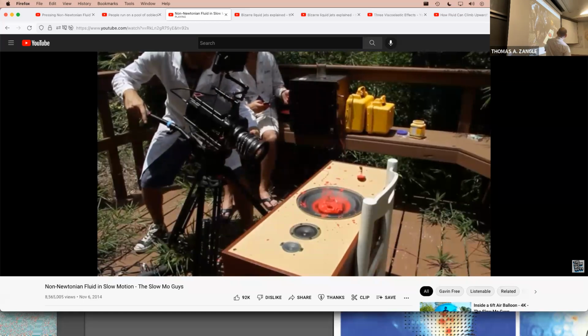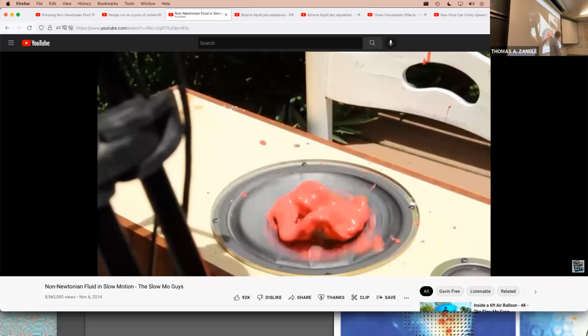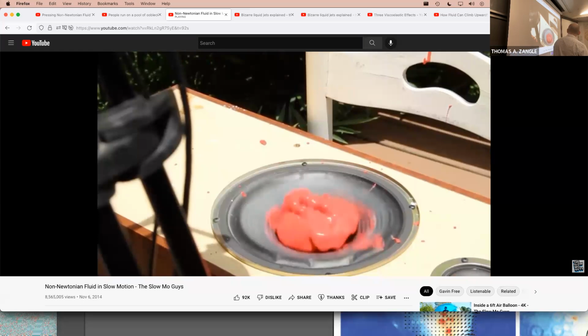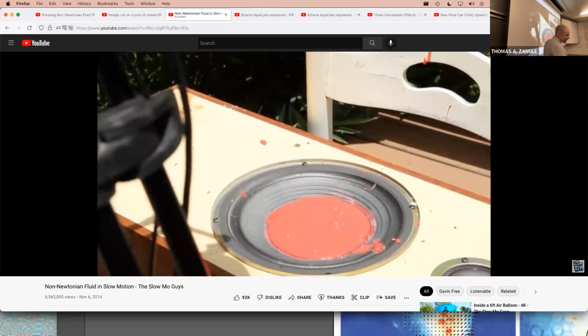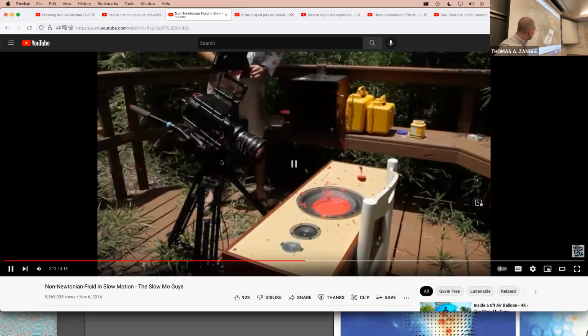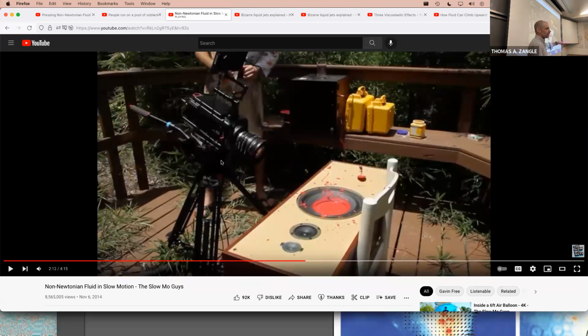And now it's jumping around almost like a solid, with flowing bits on top. And then it settles back out, right? As you turn off the speaker, it settles back out again when the high shear state is removed. It starts flowing again, just like a liquid. So these are all oobleck examples of a shear thickening material, right?